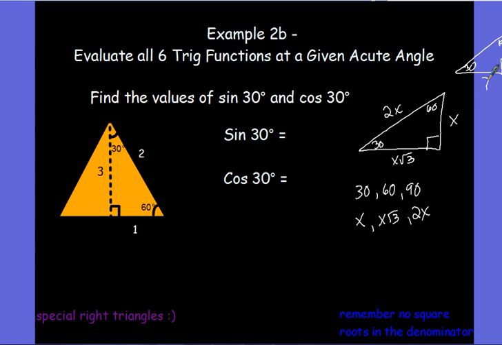According to this, which part is it? The long leg. So you're telling me that 7 is equal to x square root of 3. So x is 7 over square root of 3.